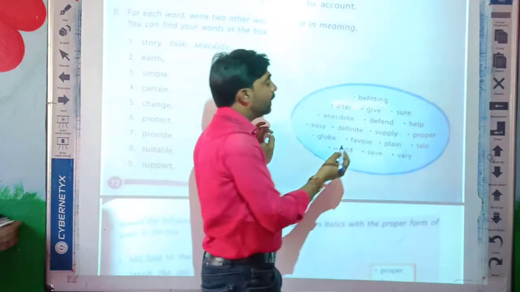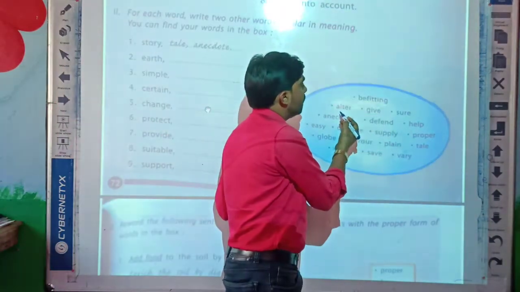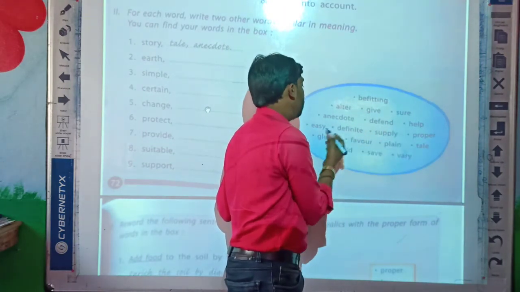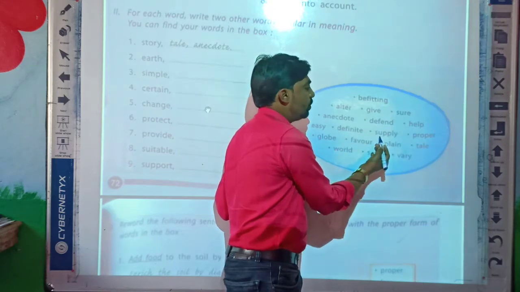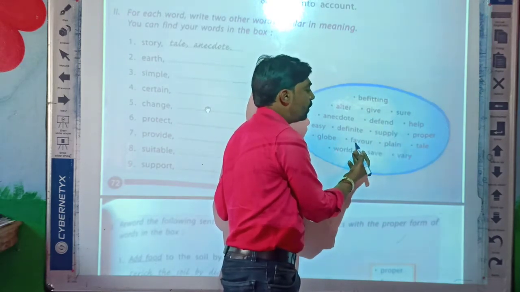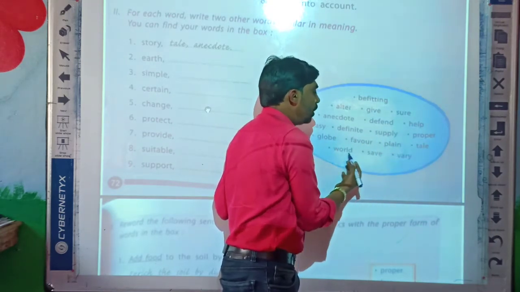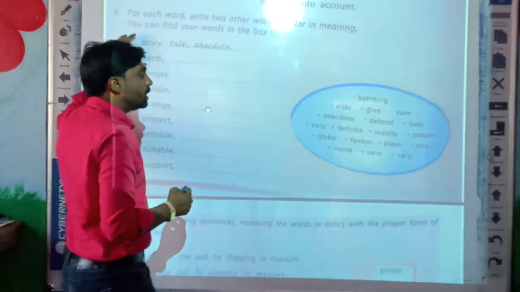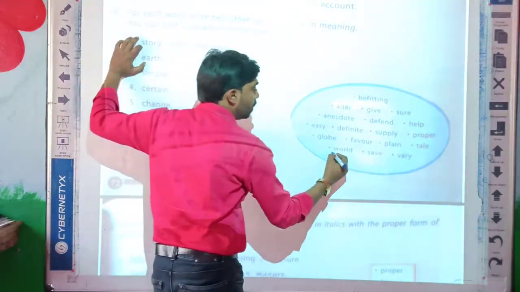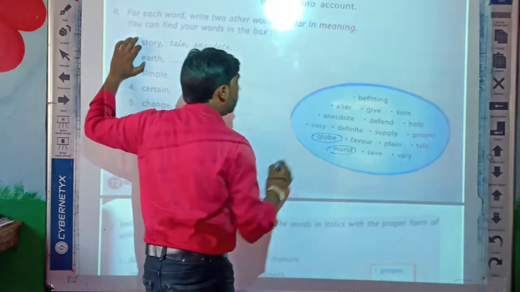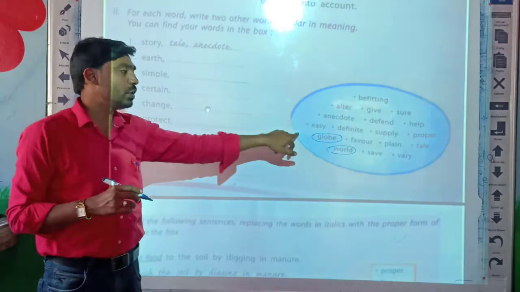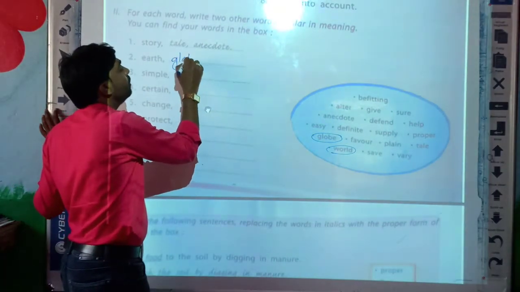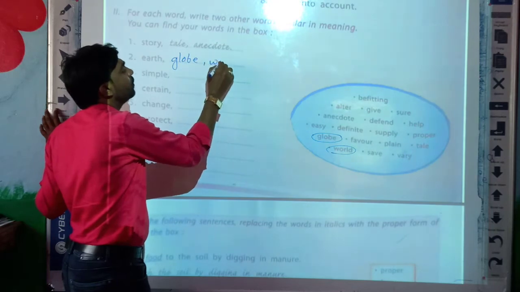And words are here: befitting, alter, give, sure, anecdote, defend, help, easy, definite, supply, proper, globe, favor, plain, tell, world, save, well. So as earth, we can say world or globe. These two words we can write here: globe and world.